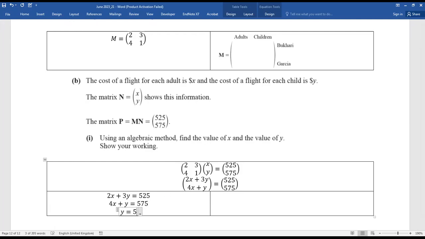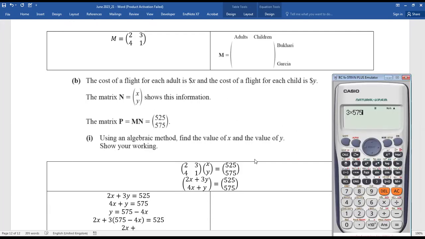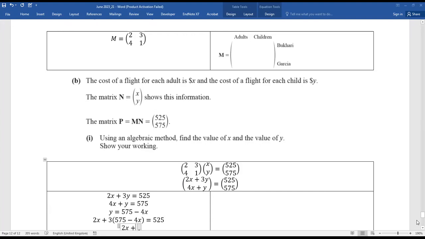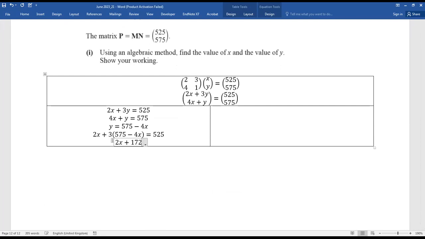We'll take the second one, 575, and make y the subject. You can also use elimination. Now plug this in the first one, 2x plus 3 in place of y, we write 575 minus 4x. The entire thing is equal to 525. So 2x plus, so 3 into 575 is 1725, 1725 minus 12x is equal to 525.